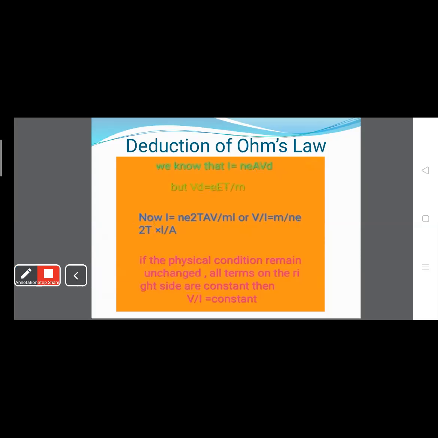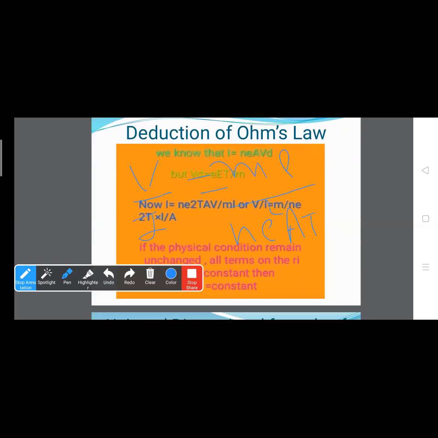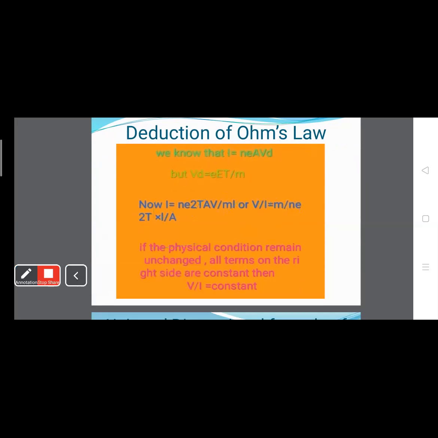Now if the physical conditions remain unchanged, all terms on the right side of the equation remain constant. So V upon I is constant, and we can write V is directly proportional to I. This is the proof of Ohm's law. Clear? So I think this point is clear to you.